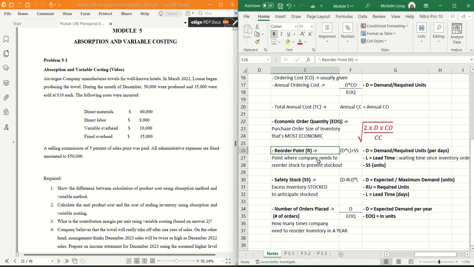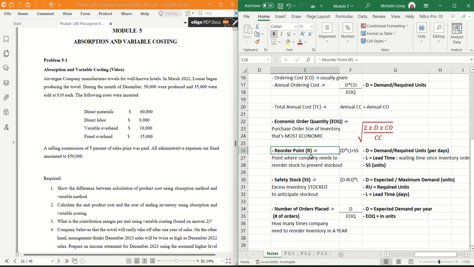The next one is reorder point, or usually we call it R. So R is counted with D times L plus SS, or safety stock. Reorder point is the point where the company needs to reorder stock to prevent stock out. Let's say the company has 20 stocks right now, and the reorder point in the system is, if our stock is below 50, we need to reorder soon.